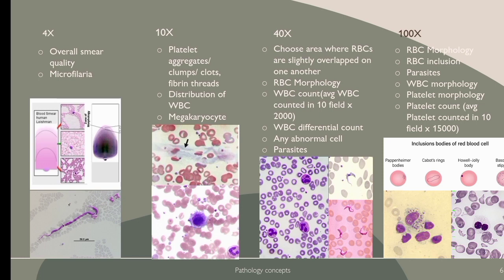Observe 10 oil immersion fields to count platelets, then divide it by 10 and multiply it with 15,000. This will give the approximate platelet count per microliter of peripheral blood. You can also identify small platelet aggregates in this view.